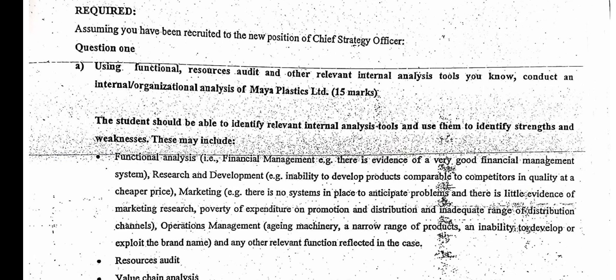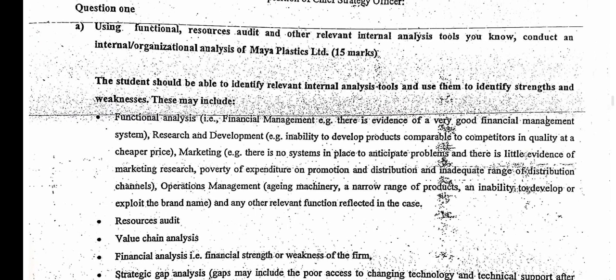Question 1. Using functional resources audit and other relevant internal analysis tools, conduct an internal or organization analysis for Maya Plastics Limited. Remember, we have very many tools for conducting internal environmental analysis.